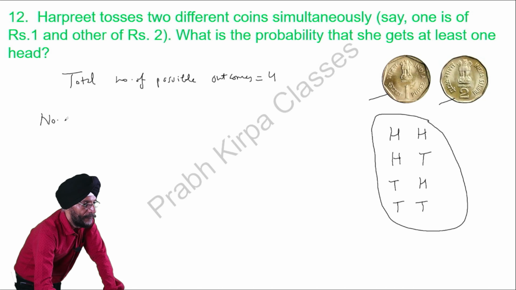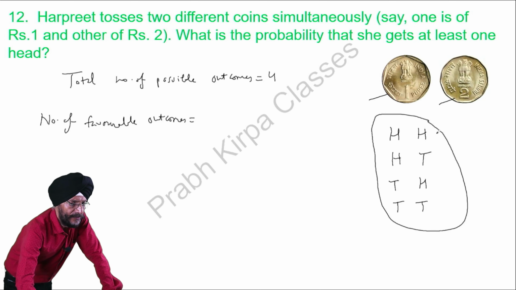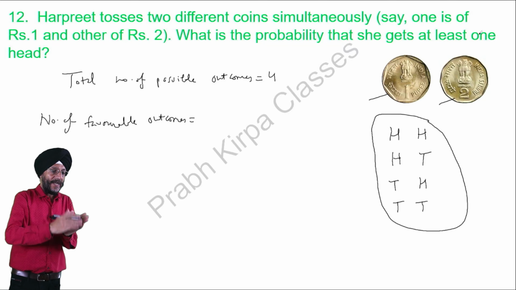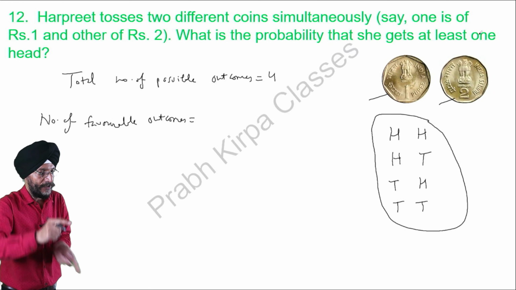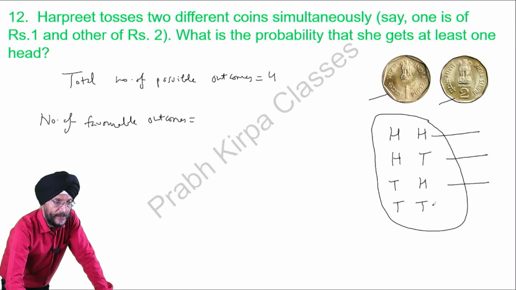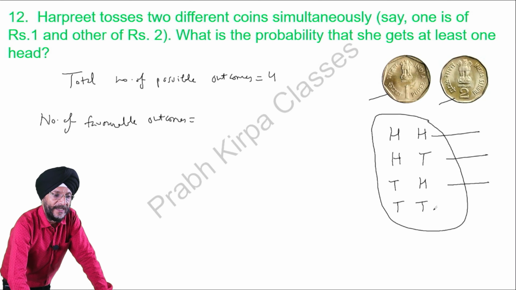Now we have to find out that she gets at least one head. So the number of favorable outcomes: at least one head means head may be one or more than one. Here there are two heads. Here head is also the outcome. Here head is also the outcome. Here there is no outcome as head.